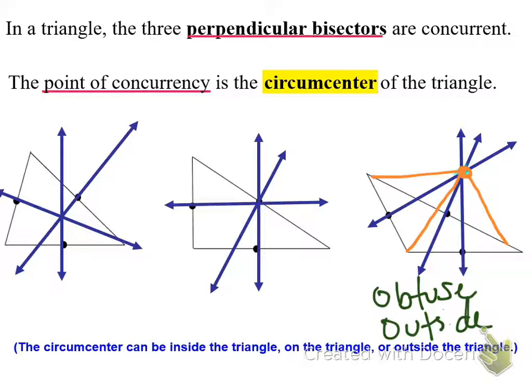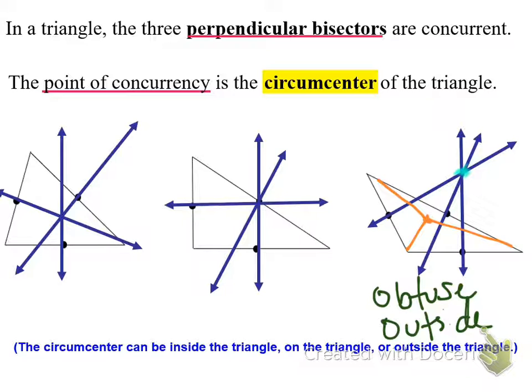So what I have in orange is going to be marked congruent. Whereas with an obtuse triangle, if I said the center was in here, is it the same distance from all of the angles? No. And there's not a way to place it inside of the triangle to make it the same distance to all of the angles. Does that make sense? That's why it has to be outside of the triangle.